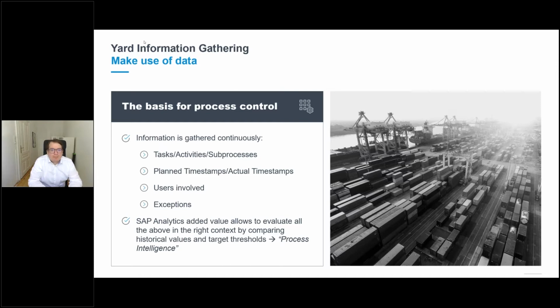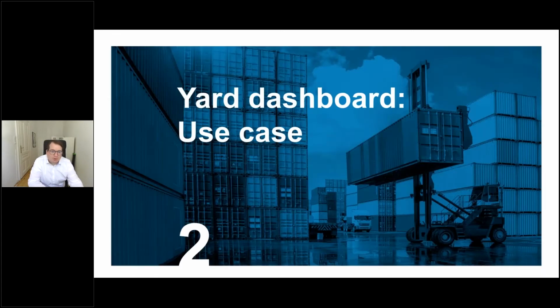It's all about establishing process intelligence, and you can do this easiest by also leveraging SAP Analytics Cloud for this. So with all this data logged throughout the operations, you would have it later on in reporting. And this is then your basis for process improvement or even just process control. Take back the control over your processes by making use of this data gathered throughout the operations.